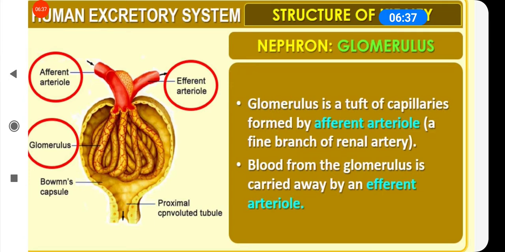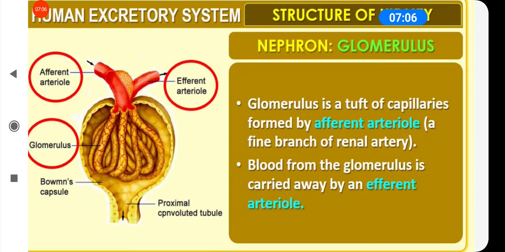Now what is the efferent arteriole? These are the fine branches of the renal vein which leaves the kidney and joins the inferior vena cava. I am explaining you again. Efferent arterioles join into the renal vein and then open into the inferior vena cava, which goes to the right auricle of the heart.